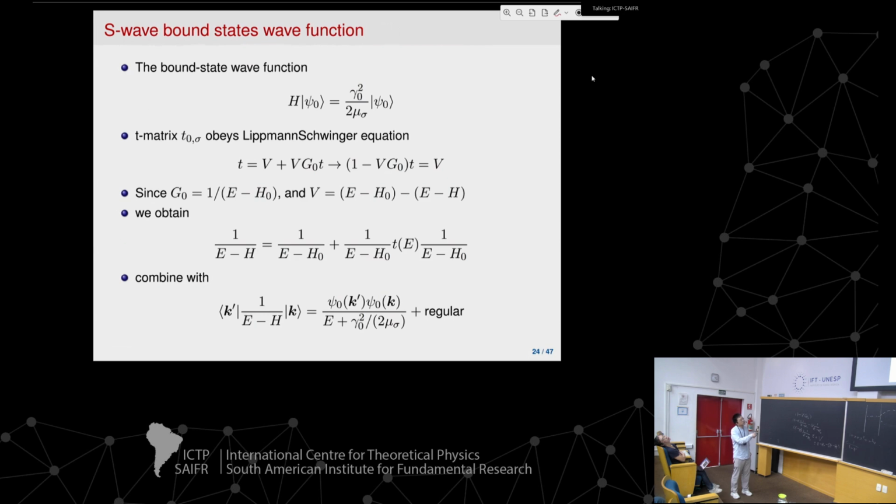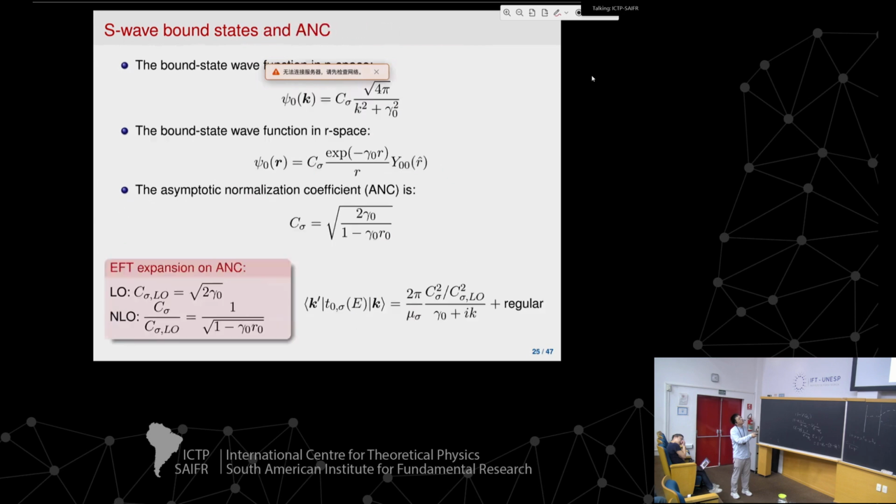But then you can combine these two equations, right? So basically, it tells you that this 1 over E minus H has a pole at the binding energy. But also on the right-hand side, the T matrix also has a pole at the binding energy. So we can then combine these two equations, then determine the wave function in momentum space in this form.